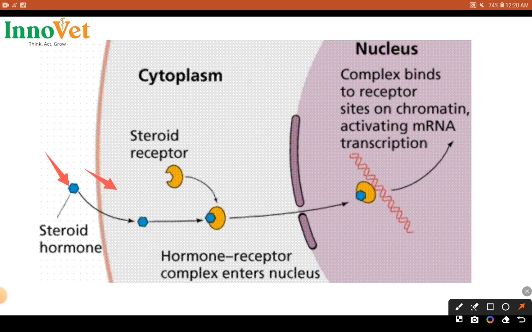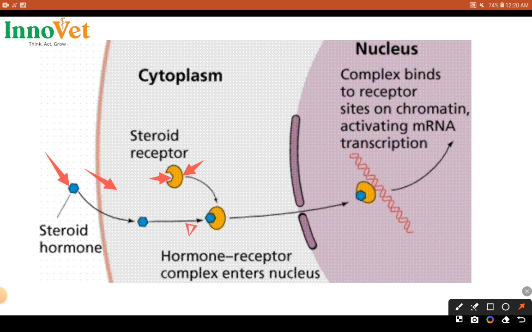So while in the cytoplasm, remember we said our receptors in this case have a ligand binding domain, and they will also have a DNA binding domain. So that simply means an area where the ligand is going to bind and an area where it's going to bind to the specific DNA sequence.